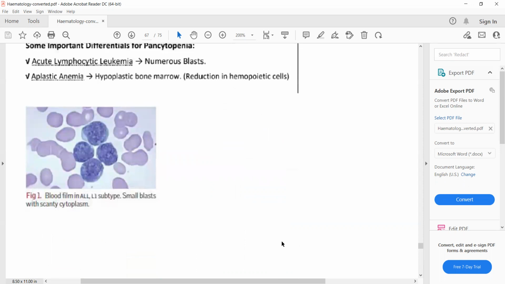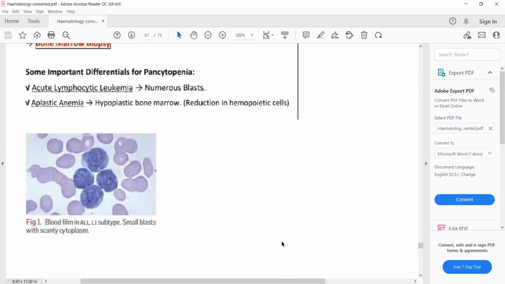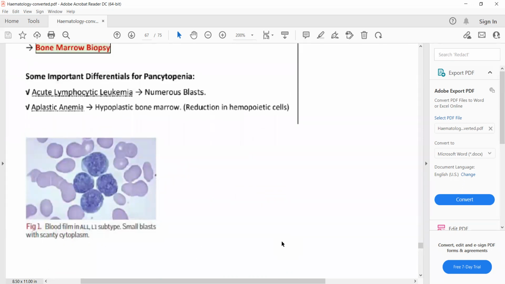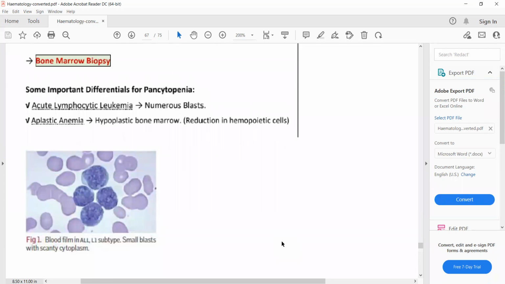This is a peripheral blood film which is showing lymphoblasts. Lymphoblast cells, you can see these 1, 2, 3, and 4. These 4 are lymphoblasts. They are cells with a large nucleus.